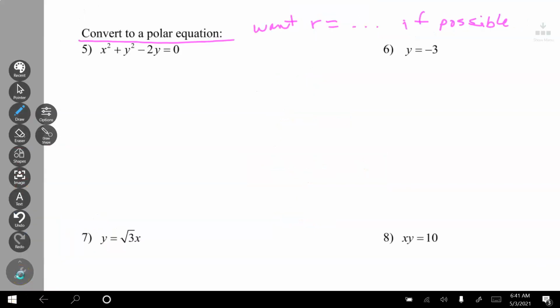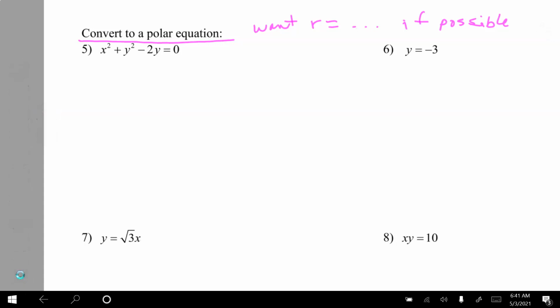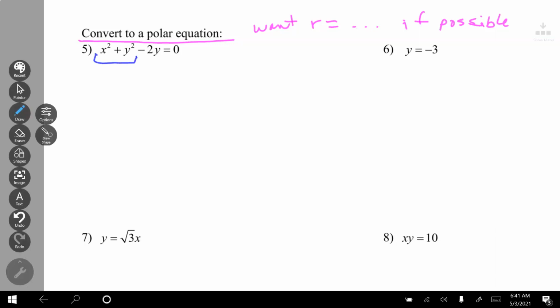Okay, so we're going to go from x's and y's, and rewrite it as r's and thetas. And at the end, if possible, we want to rewrite it where it just says r equals. The other side was okay to have x squares and y squares, because some of these polar equations aren't functions, so you just can't have y equals every single time. So using the big 4, I do like x squared plus y squared.